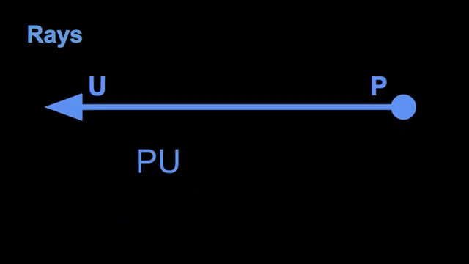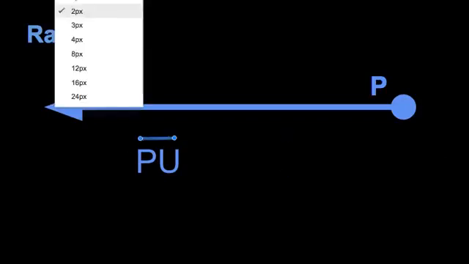If I wanted to write shorthand, I am going to first write the letter where I'm starting, which is endpoint P, and then where I'm going, which is U. Now watch how I draw my notation. I'm starting at the letter P and going to the letter U. So I would start my ray for shorthand at the letter P and draw it to letter U. That can be a little tricky for kids because they think it has to be the other direction.